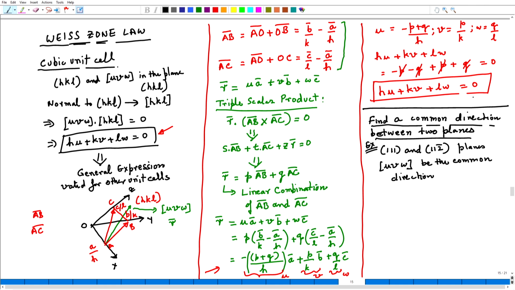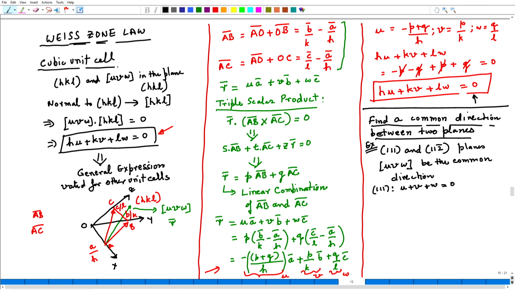So, let us apply this Weiss zone law. First we will take the first plane 1 1 1. So, for the 1 1 1 plane I have H u plus K v plus L w equal to 0. I multiply the corresponding indices and I get u plus v plus w equals 0.